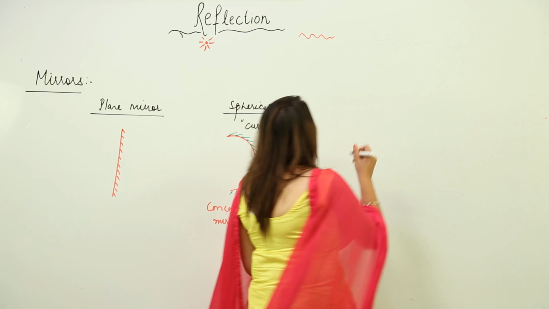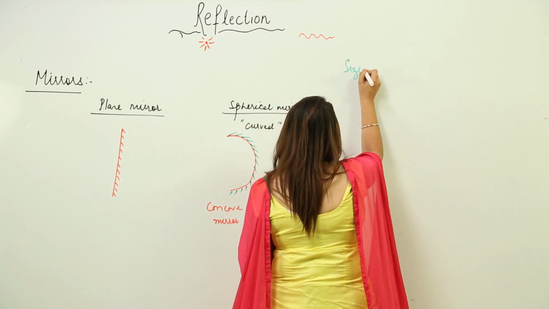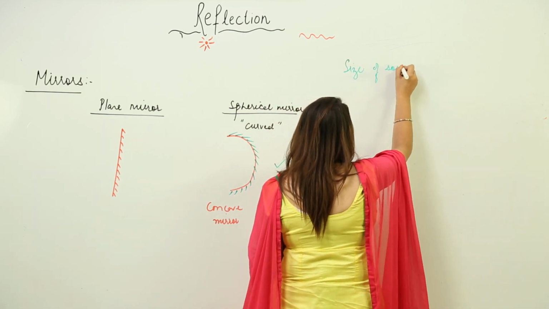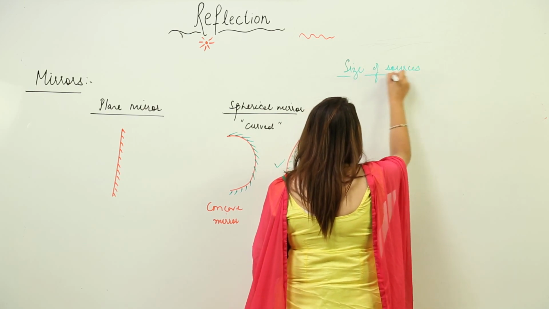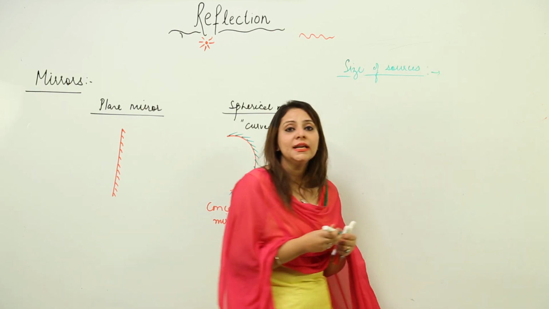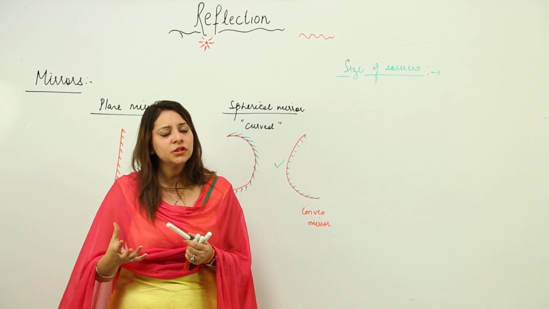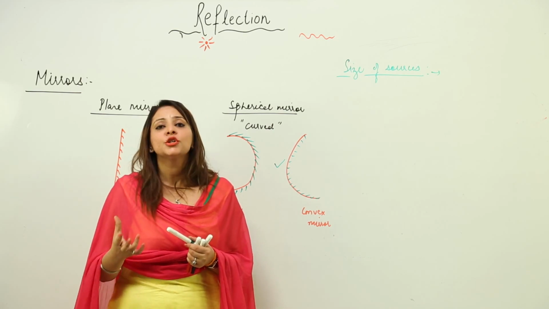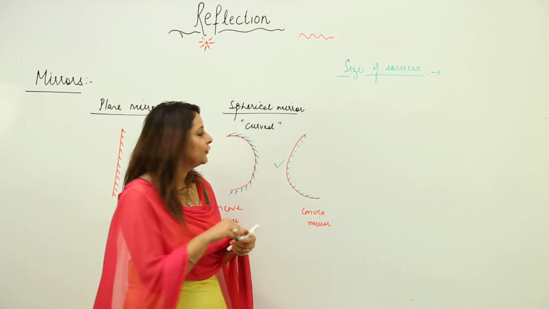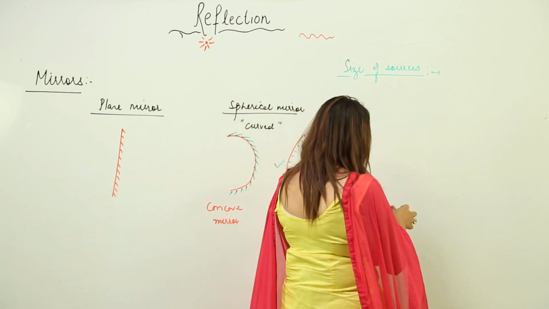Now, depending upon the size of the source, that means the source from which the light is being emitted, we classify the sources into two kinds.